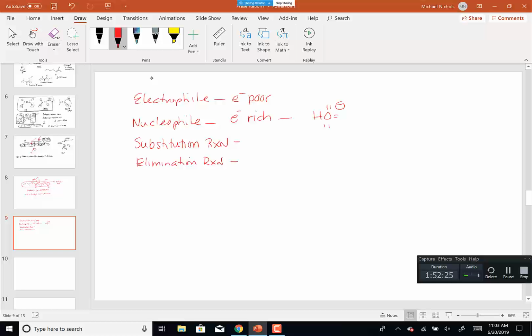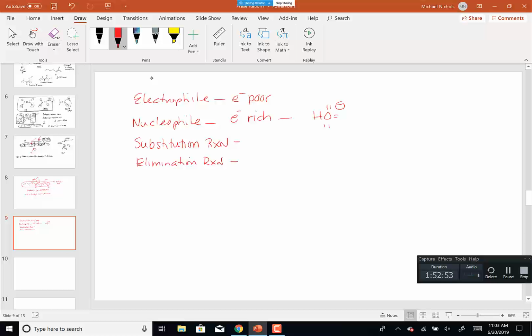Now in the chemistry world, you can compare this to other worlds. That's for another class. But in the chemistry world, those that are rich want to get rid of their richness. Right? The ideal molecule in the chemistry world has what kind of charge on it?